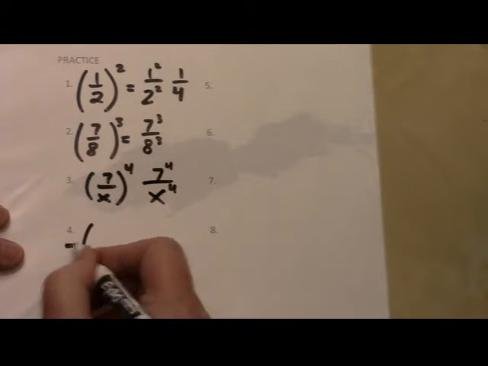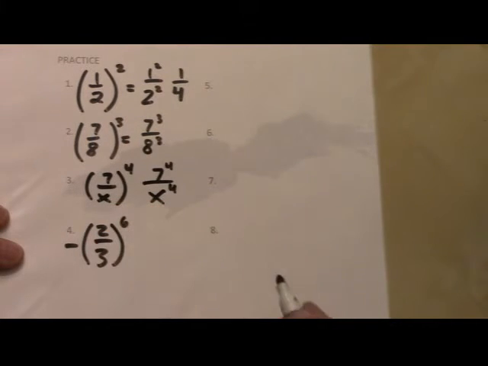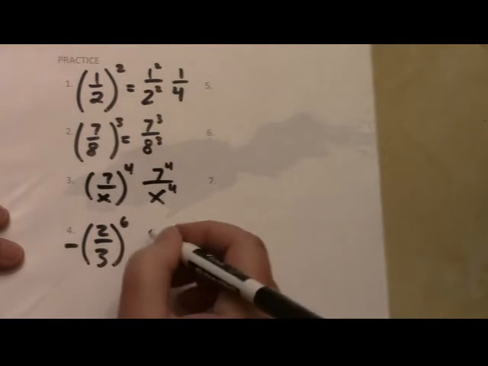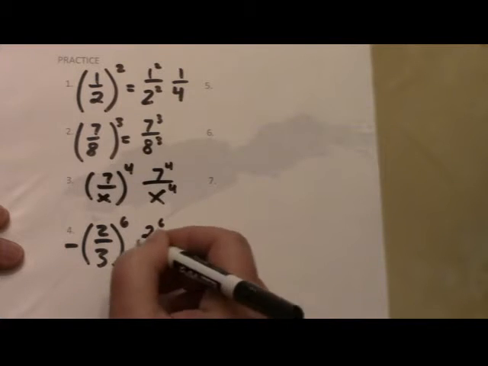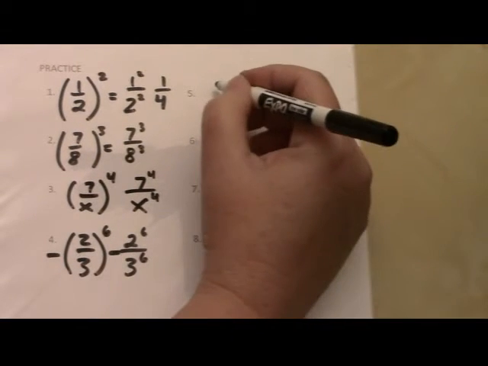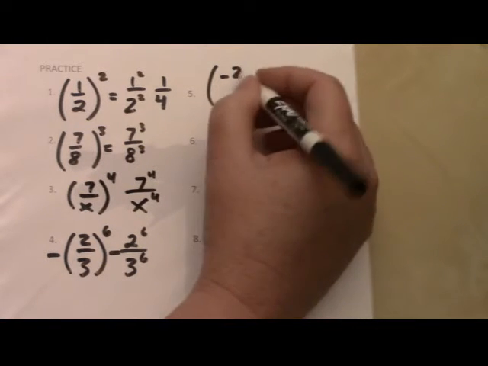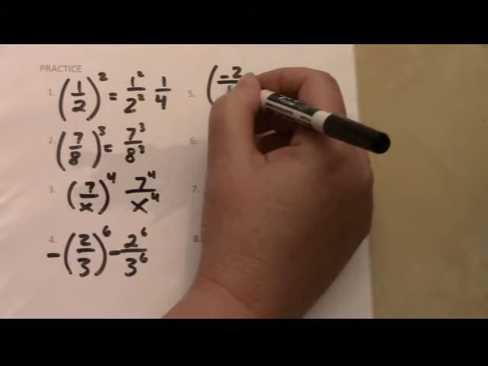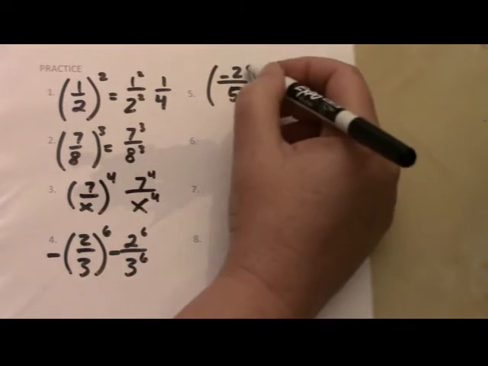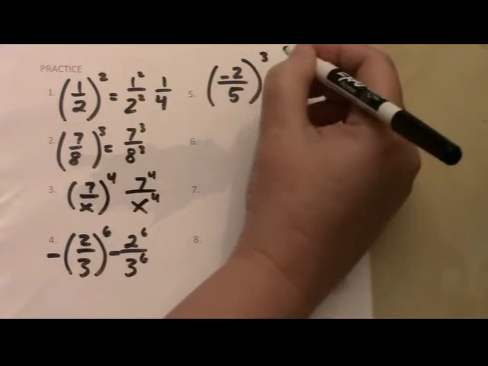Well, let's see. What if I have 2/3 to the 6th? Well, it's going to be 2 to the 6th over 3 to the 6th. But look at this. I have a negative on the outside. That means I'm going to make it negative. Let's try another one. How about negative 2 over 5, and that's being raised to the power of 3.